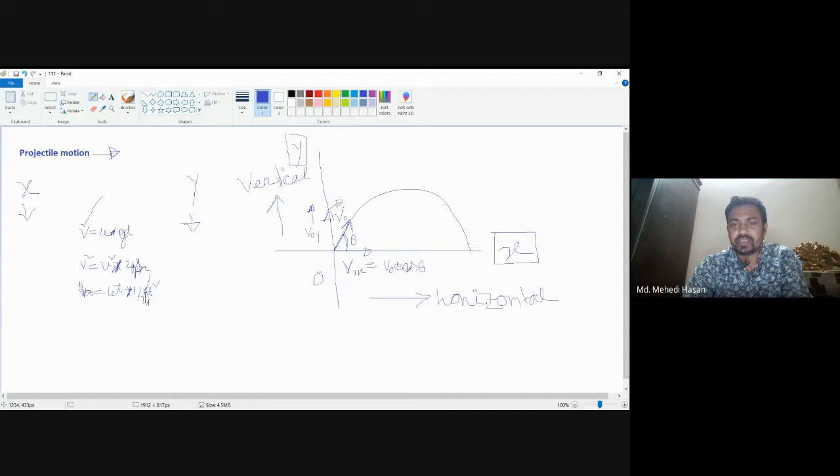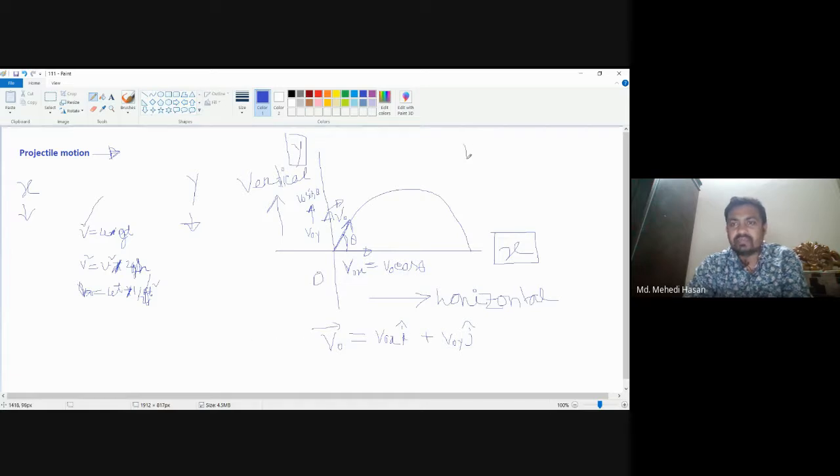So v naught cos theta is the x component, and v naught sin theta will be the y component. Then the initial velocity v naught equals v naught x i plus v naught y j, so it will be v naught cos theta i plus v naught sin theta j. This is the initial velocity.